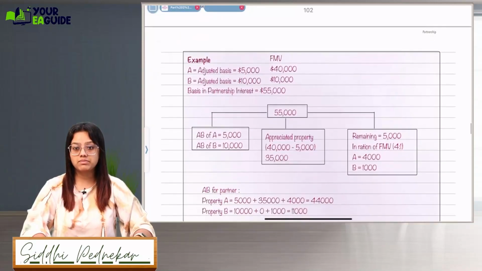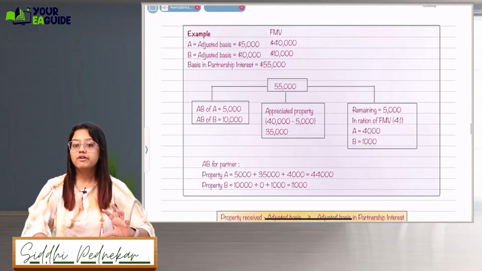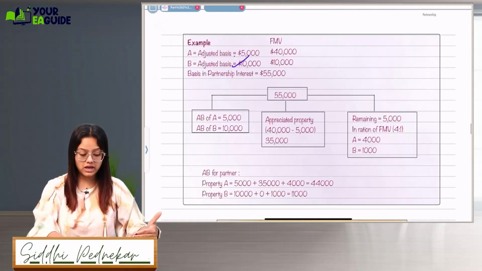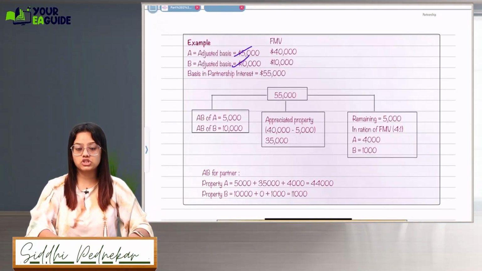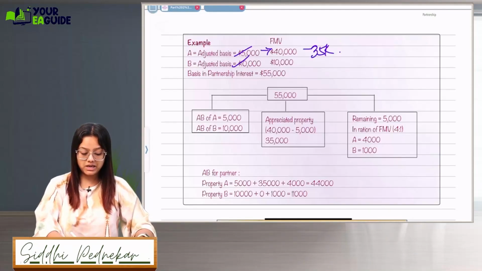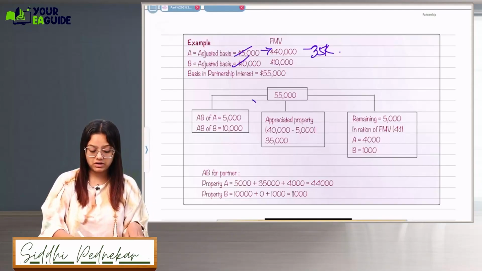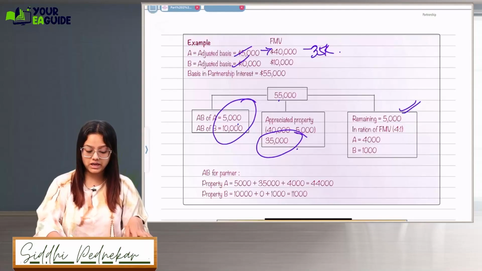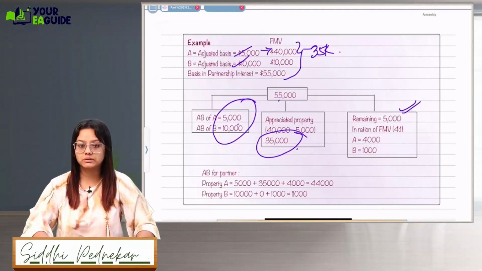So here is the same example which we did yesterday. 55,000 will first get allocated to the basis, that is 10,000 and 5,000. Then there is an appreciation in the first asset of 35,000. So the remaining amount, whatever is left out of 55 minus 15 minus 35, this remaining will get allocated in the ratio of FMV, that is 4:1.